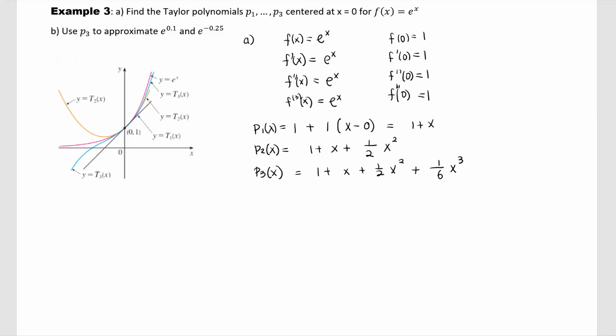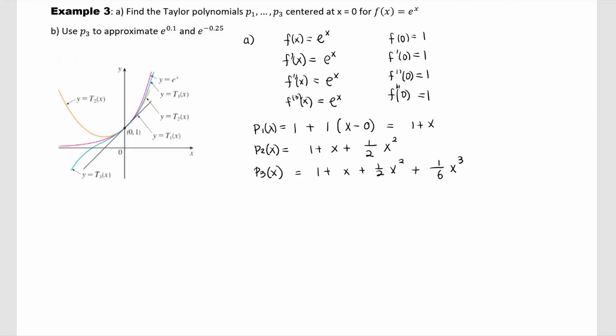P1 is a line, which is the black line. And then P2 is a parabola, the orange parabola, it's going up. And then P3 is the cubic curve, the blue line, and you can see the blue line is closer to the pink line, our original function, than the orange line and the black line.